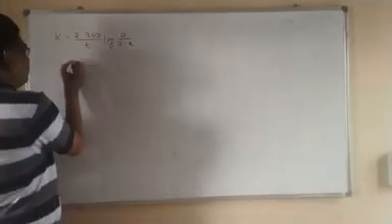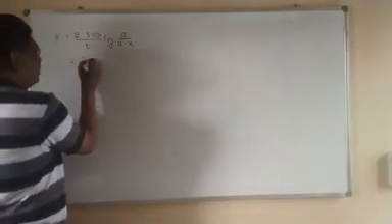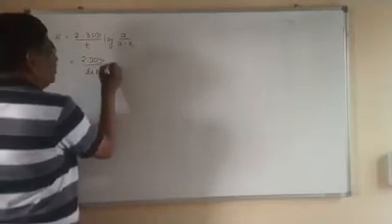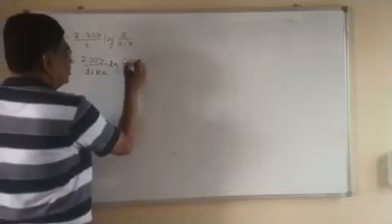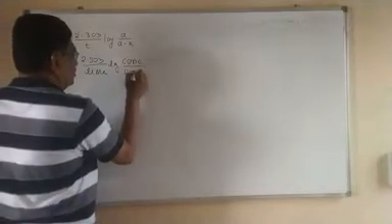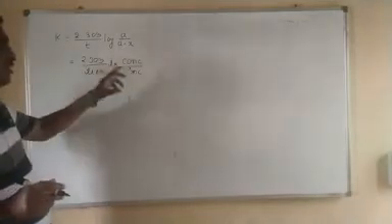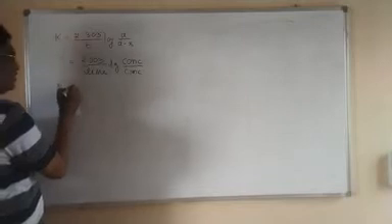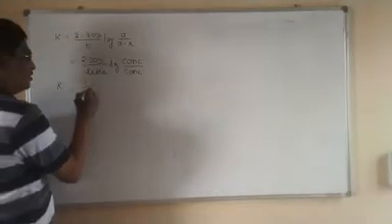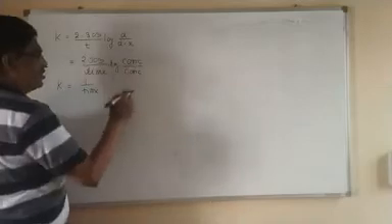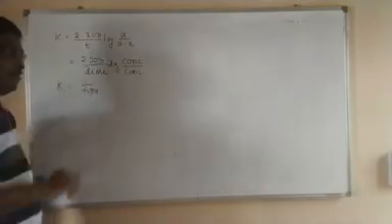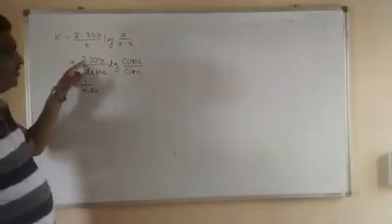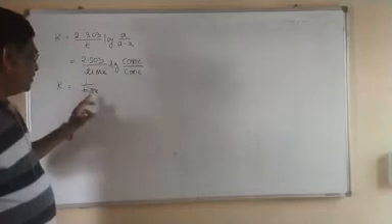Now I write only the meaning of each term. 2.303 is a constant, t stands for time, log of concentration ratio. Because this concentration ratio is dimensionless, 2.303 is a constant, and from that equation we can write this.